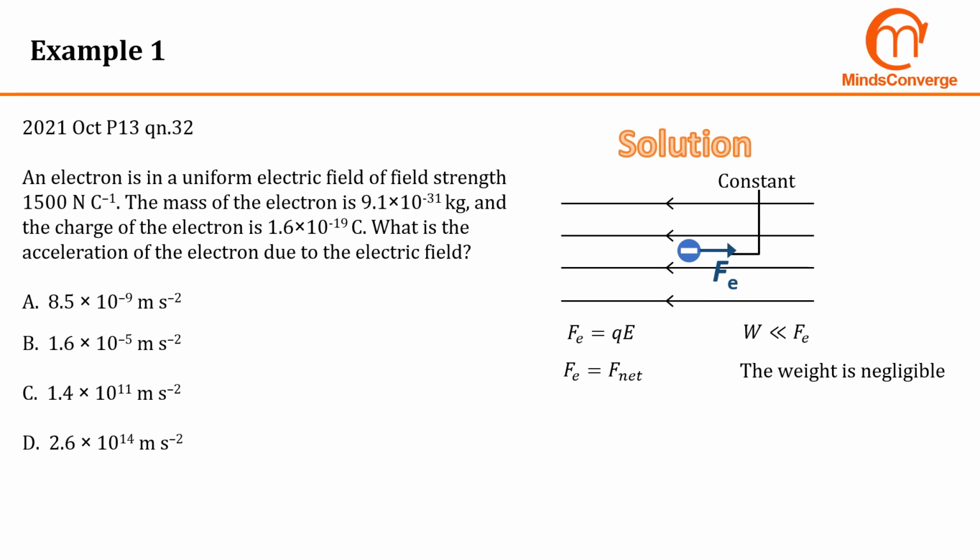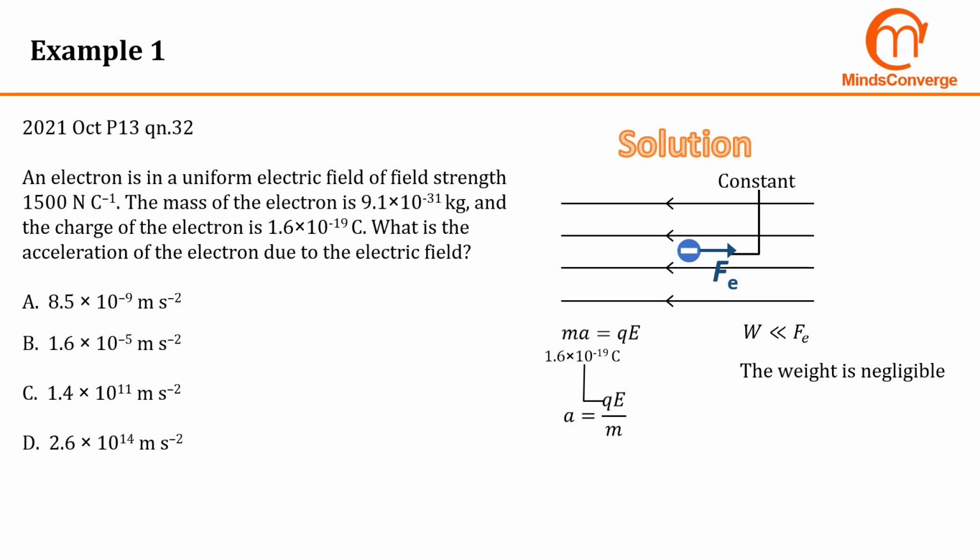By Newton's second law, the net force is equal to mass times acceleration. Combine the two equations, we get the equation m times a equal to q times e. Rearrange the equation to get the acceleration a equal to q times e over m. The amount of charge carried by an electron is 1.6 times 10 to the power of negative 19 coulomb.